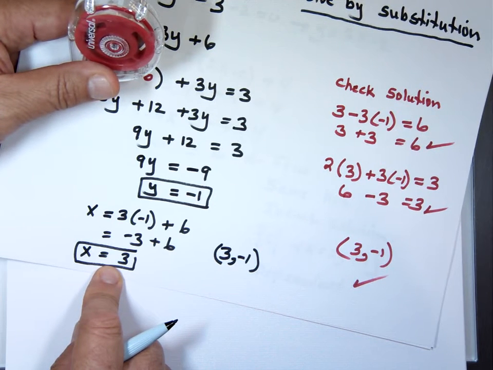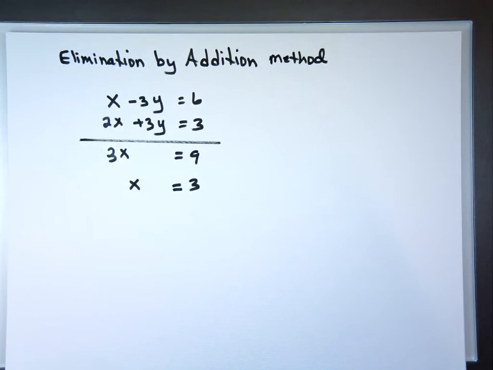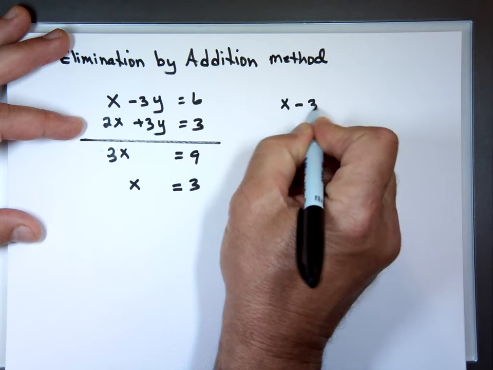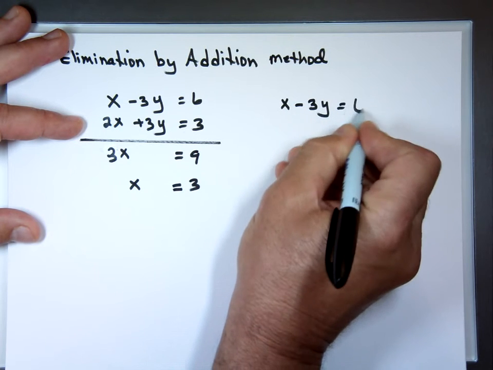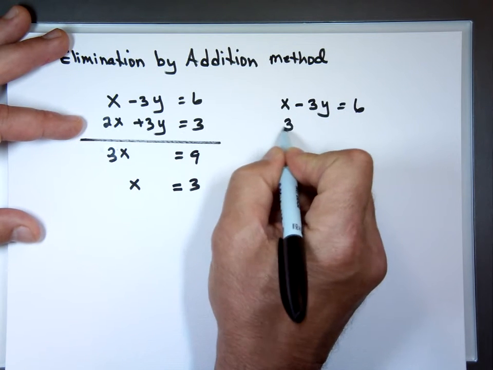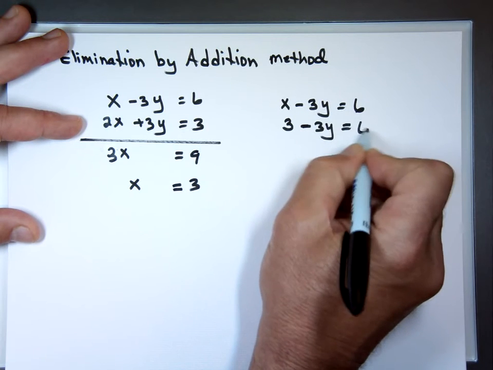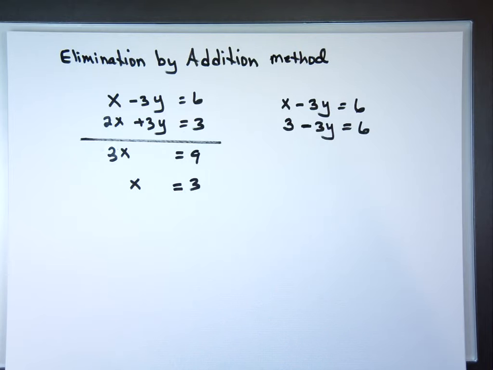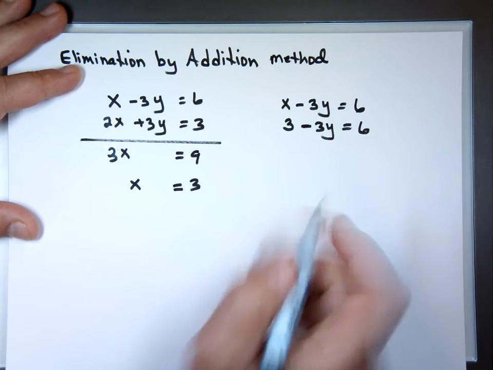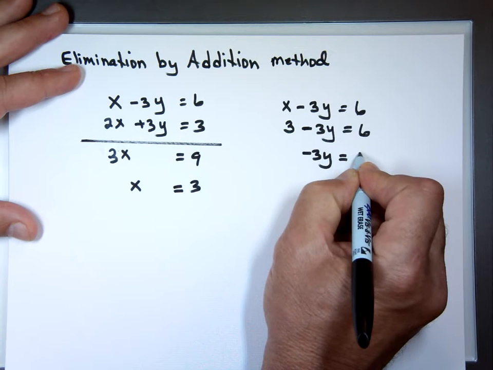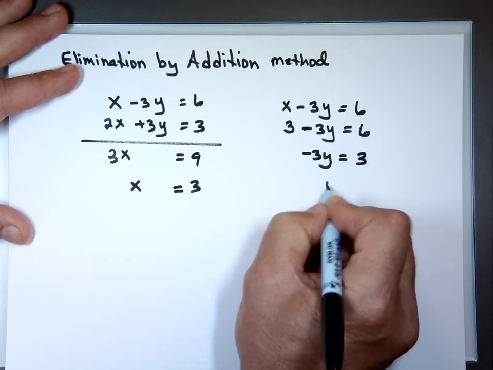Now if I solve it for y, which means grab either equation, doesn't matter which one. I'm picking the top one, no reason. I could have picked the bottom one and replace x with 3. 6 minus 3, which is 3, y equals what?